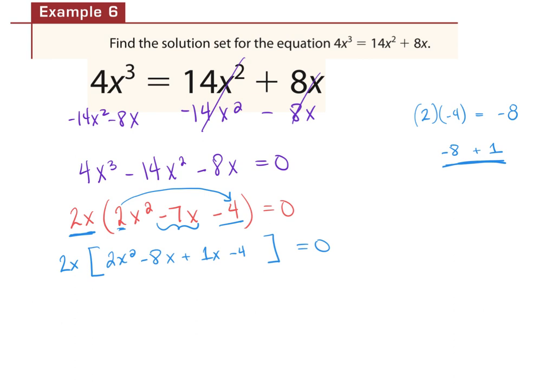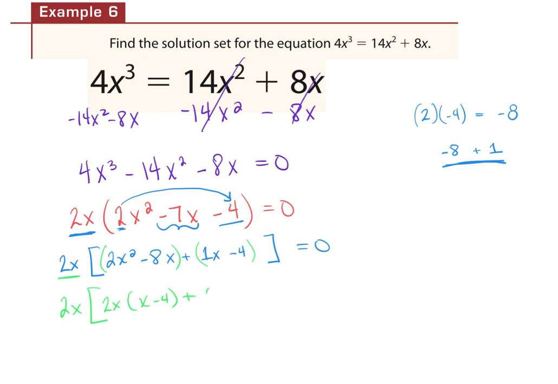So I am going to group the first 2 and group the last 2, right? Leave this guy alone. Leave him out there, 2x. What can I take out of 2x squared minus 8x? Another 2x, and I'm left with x minus 4. If nothing comes out, what do I put on the outside?